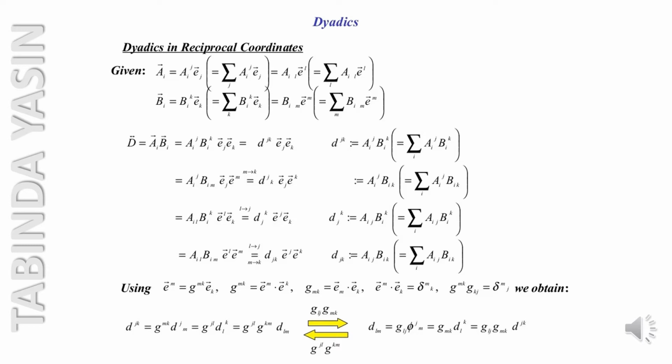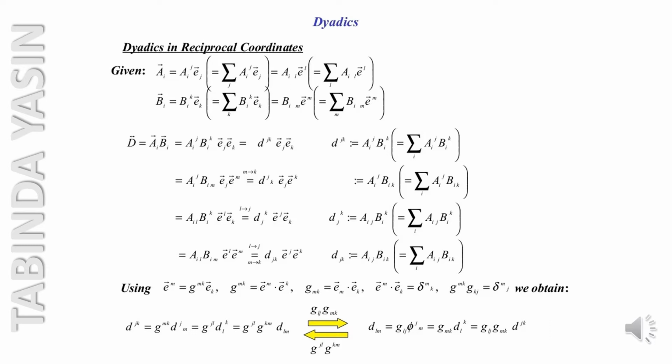Now, moving to the next, dyads in reciprocal coordinates. We have a given vector ai is equal to aij ej, that is the summation over j of aij ej, that is equal to ai ei, that is summation i of ai ei.